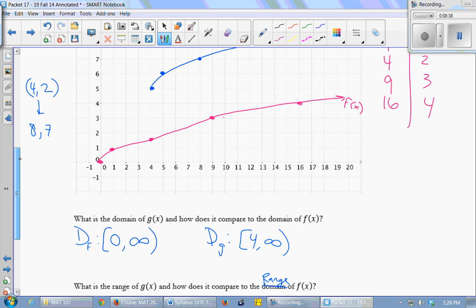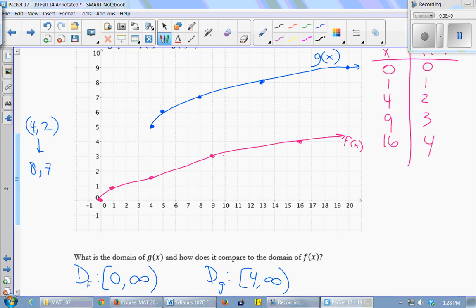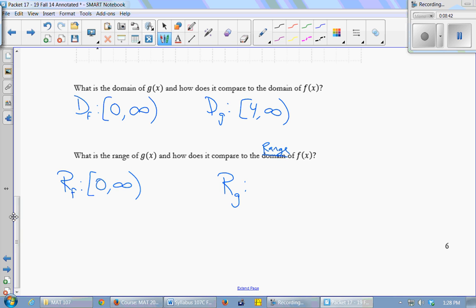And then what's the range of g? 5 to infinity. And how are the 0 and the 5 related to the transformation we did? We shifted everything up 5, right? So my range used to start at 0, now it has to start at 5. All right, so I'm just going to leave you to go back to what you were doing.